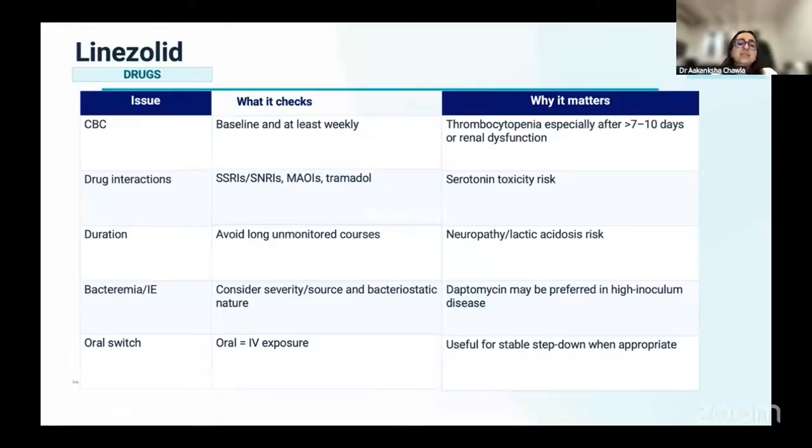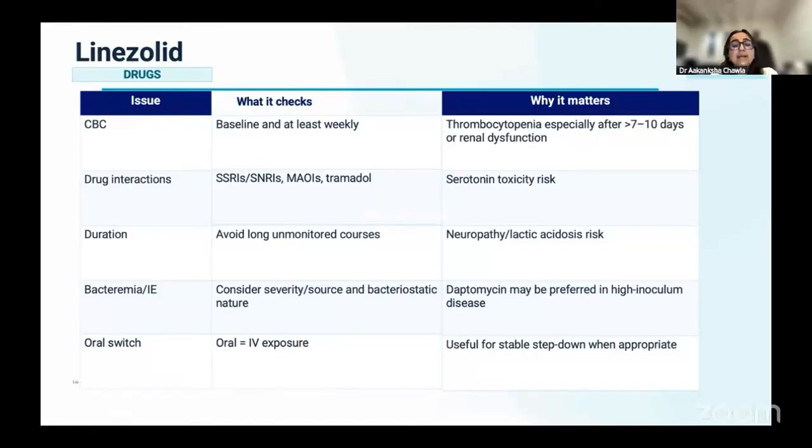When given with SSRIs or MAO inhibitors or tramadol, it can cause serotonin toxicity. Avoid prolonged unmonitored courses because it can lead to optic neuritis, peripheral neuropathy, and even there's a risk of lactic acidosis.